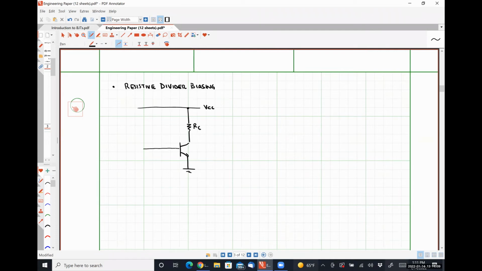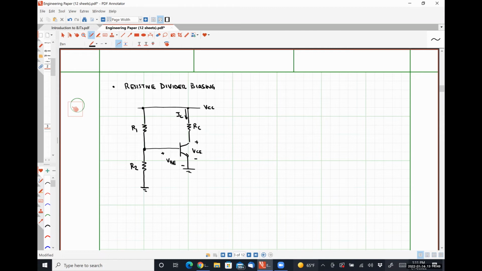And then on this side, instead of having a single resistor, we are going to have two resistors, R1 and R2, like so. Here's our quantity, VBE. Here's our quantity, IC. Here's our quantity, VCE. Okay.